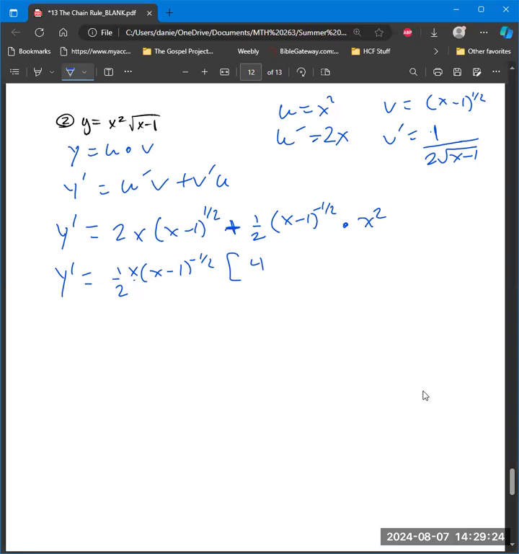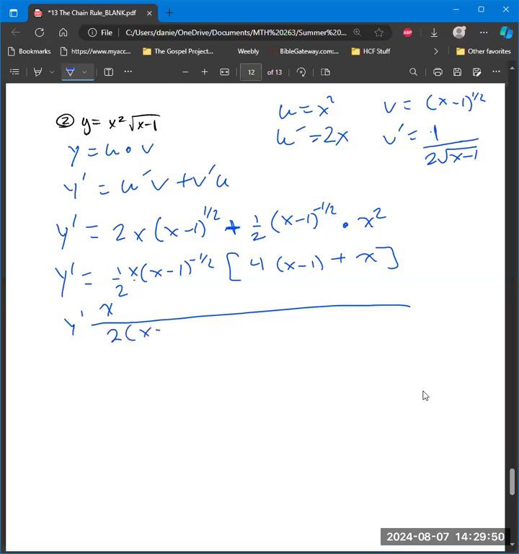X minus 1 to the 1/2 divided by x minus 1 to the negative 1/2 is x minus 1 to the first. Plus 1/2 divided by 1/2 is 1. X minus 1 to the negative 1/2 divided by x minus 1 to the negative 1/2 is 1. X squared divided by x is x. So y prime is x.